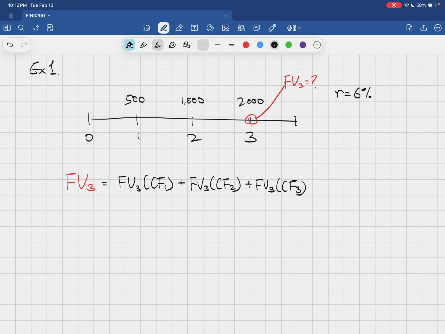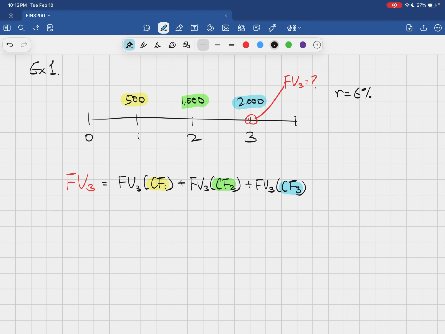Okay? So to show you this more clearly, the 500 is the cash flow that occurs in year 1. The $1,000 is the cash flow that occurs in year 2. And the $2,000 is the cash flow that occurs in year 3.